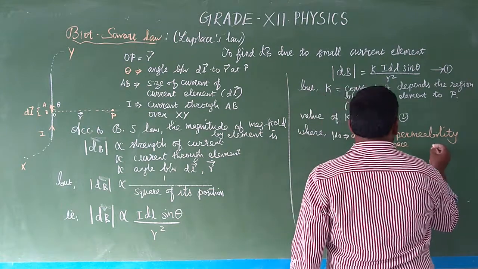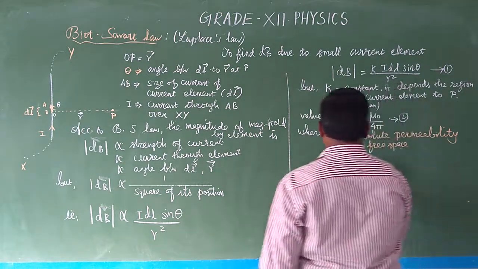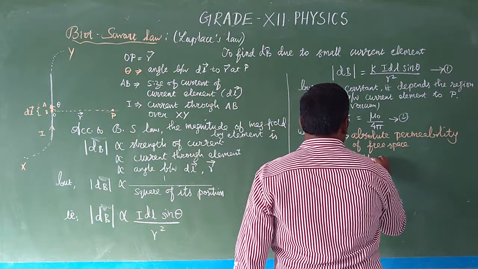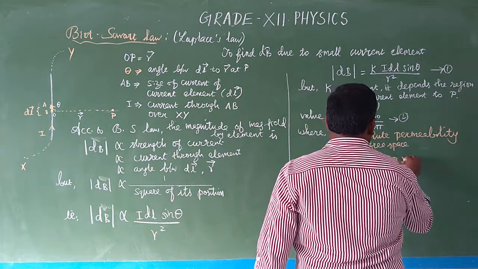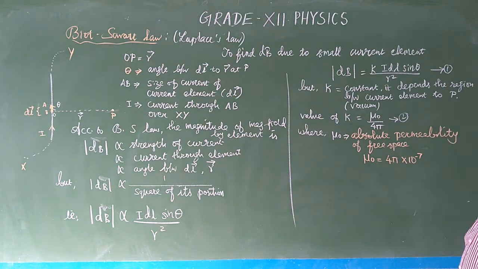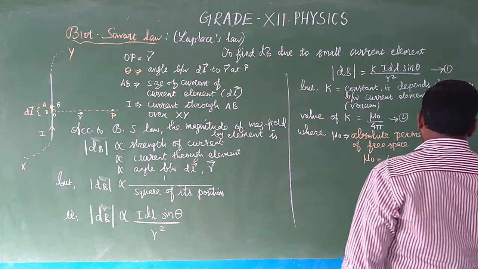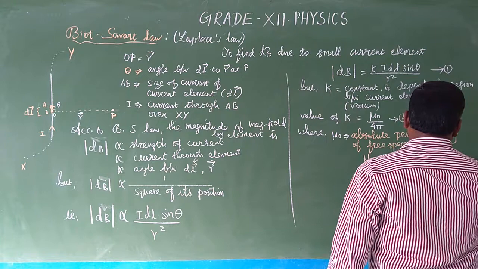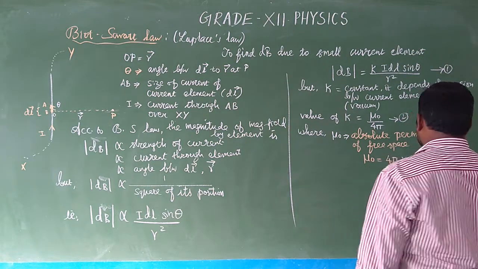The value of mu naught is equal to 4 pi into 10 to the power minus 7 Weber per ampere meter, that is Weber ampere inverse meter inverse.